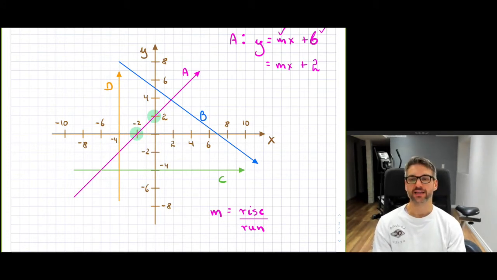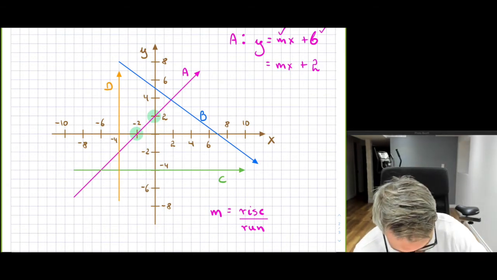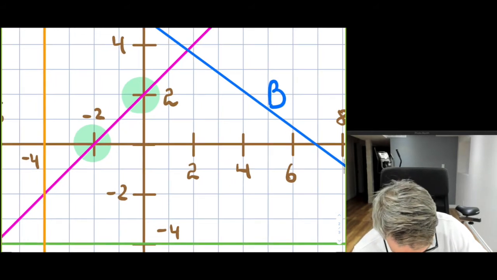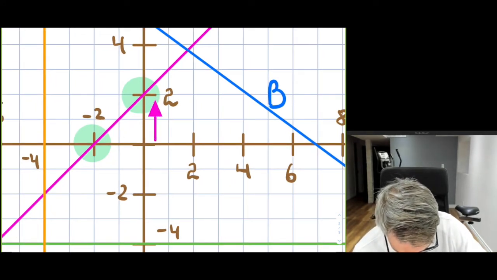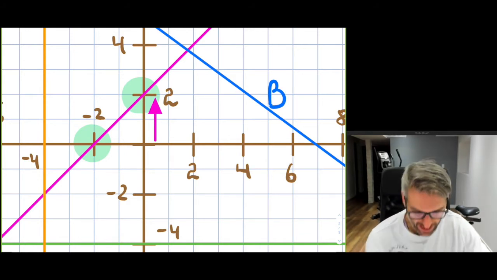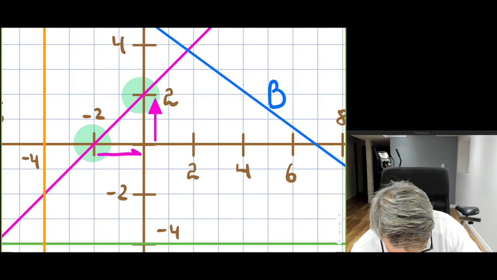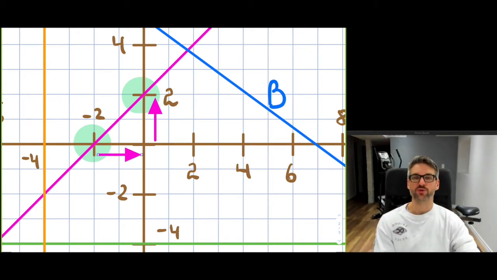Notice I can now do the actual slope. Let me blow this up. This would be your rise, going in this direction, and your rise is 2. Your run, going in this direction, is also 2.